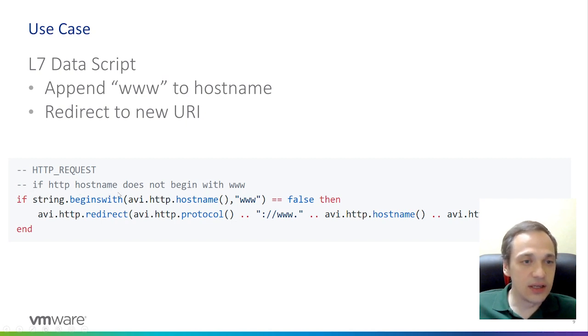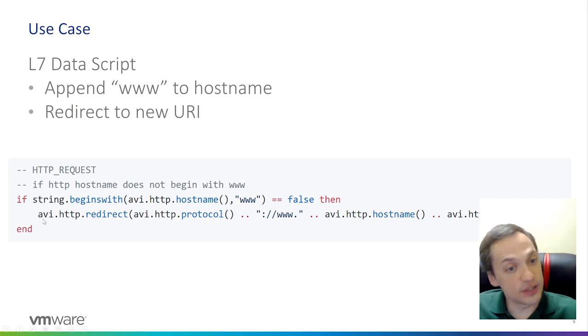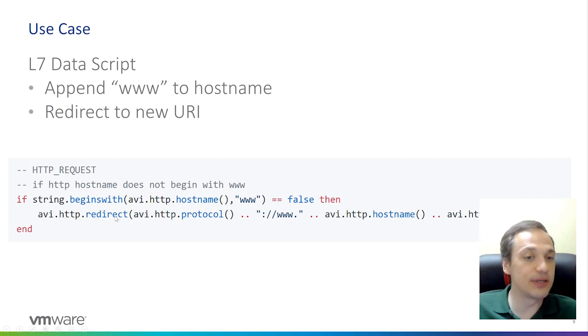The second line explains the next if statement. So if the HTTP hostname doesn't begin with www. String begin with is a Lua function that checks for the beginning of a string, and the string itself uses the AVI function AVI HTTP hostname, which will basically return the hostname of a request. So if AVI hostname begin with www equals false, then we will run another DataScript function, which is HTTP redirect.